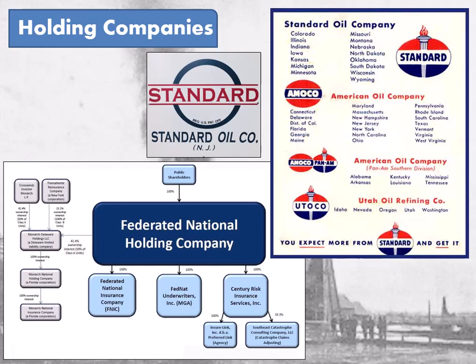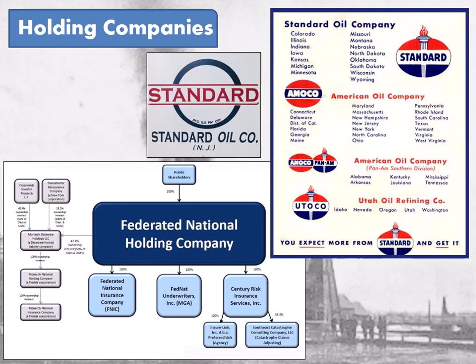The key idea of a holding company, if you think back to our discussion of the trust in our previous session, the key idea of the trust is that it is this legal fiction, right? They stole this legal mechanism that had been created to help widows and orphans, and other legal dependents.